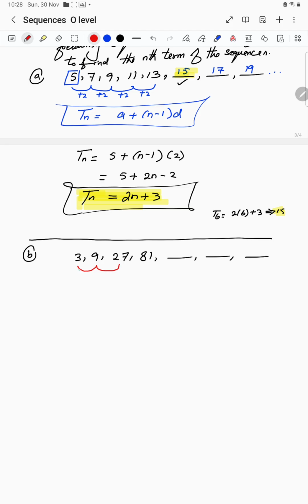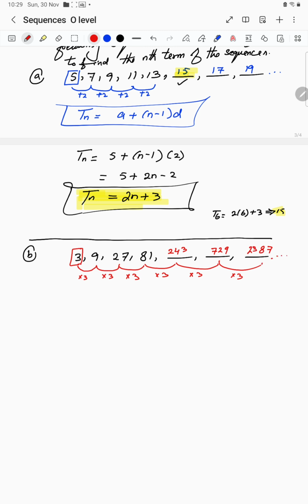So see here, the first term is 3, and if you multiply it by 3, I get 9, then multiply by 3 to get 27, multiply by 3 is 81, multiply by 3 is 243, and so on.